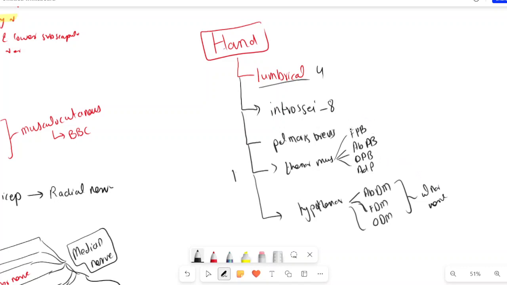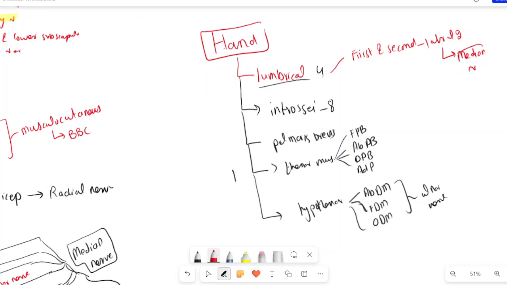And what are those two? That is actually the lateral two lumbricals, first and second. The lateral two are supplied by the median nerve.